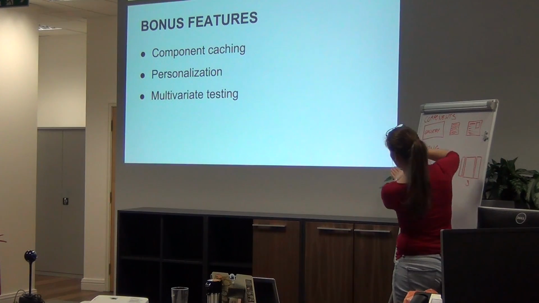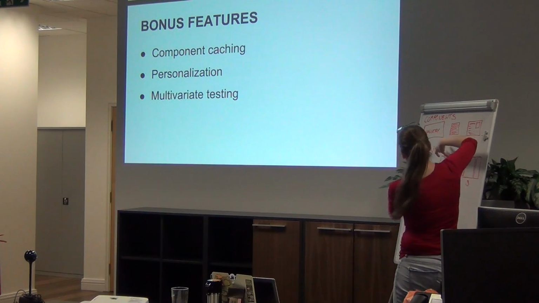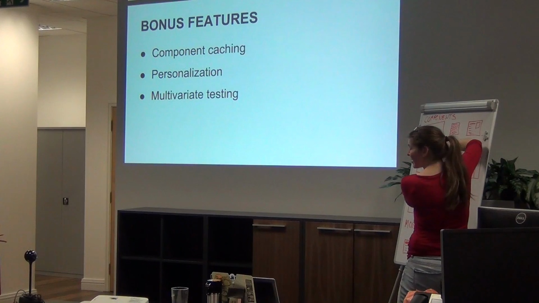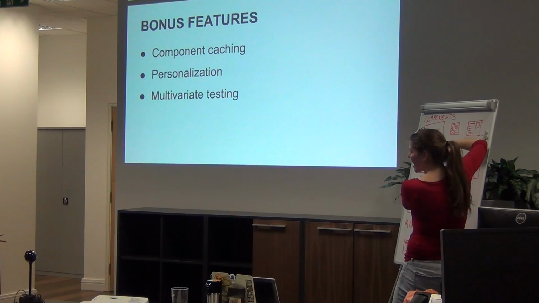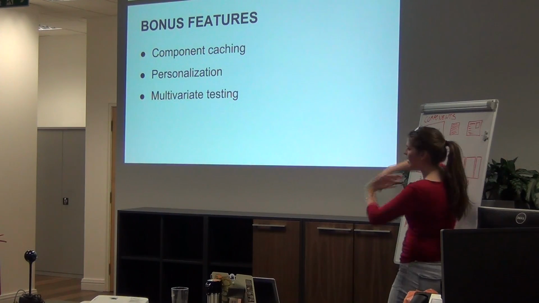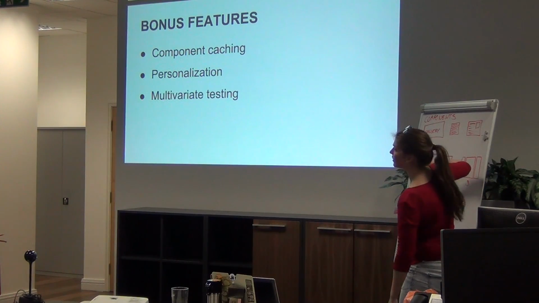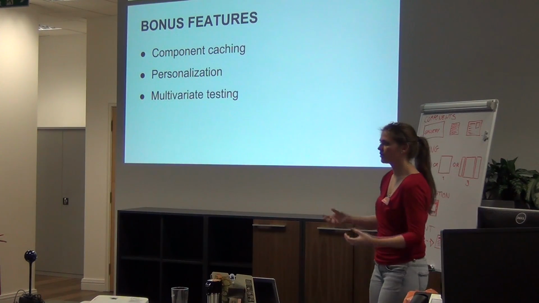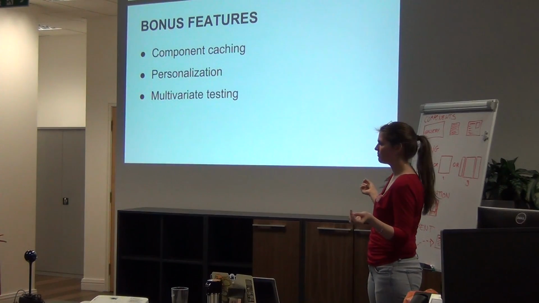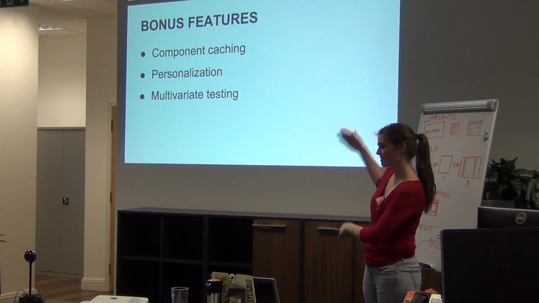If you then place another component of exactly the same type, you no longer have one placeholder in a unique location. You have two two-column placeholders. If you tell Sitecore in the page editor that you want to put a component in the bottom one, when you save, Sitecore goes, well, they're not unique, so I'm just going to assume you mean the first one. So it's not going to work.